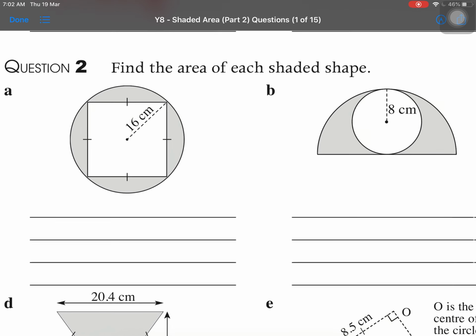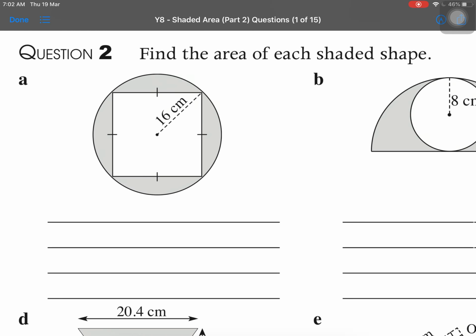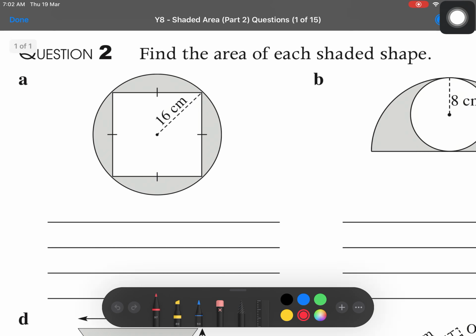Okay, question 2A. For question 2A, I want you to know that 16 represents the radius of the circle. So radius equals to 16.